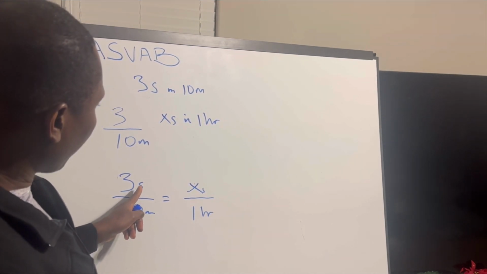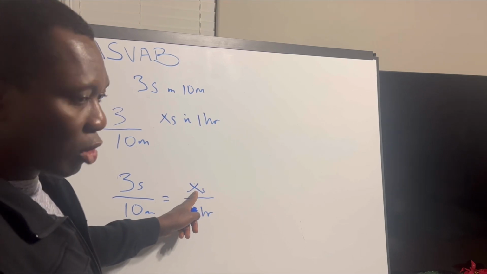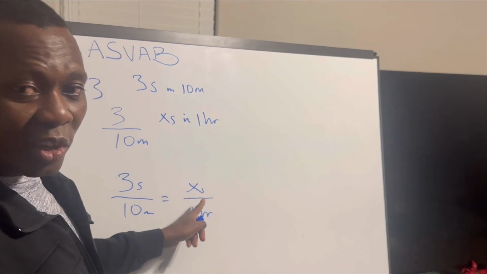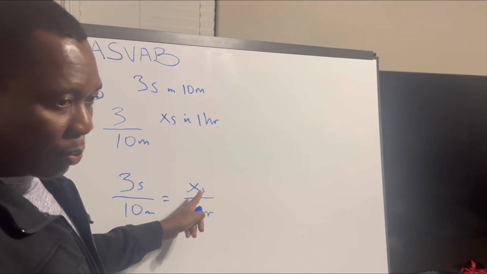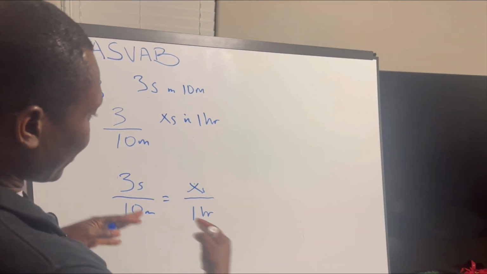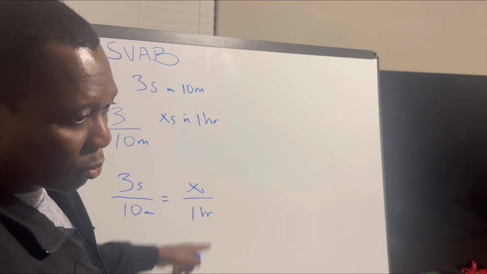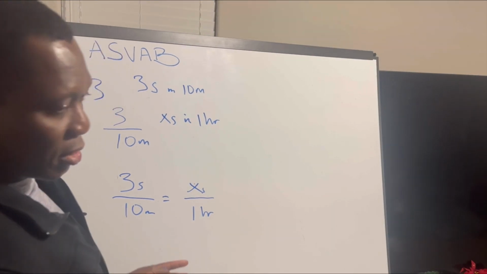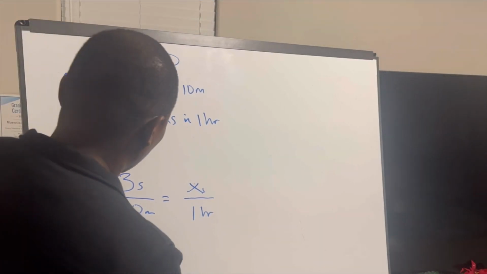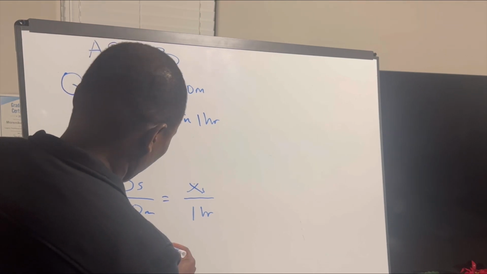Because here you have 3 stops, here you have X stops. What you're looking for is X stops. But in order to balance the equation, you have to have the same value on the bottom. So how many minutes make 1 hour? 60.